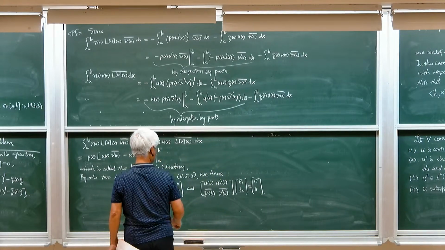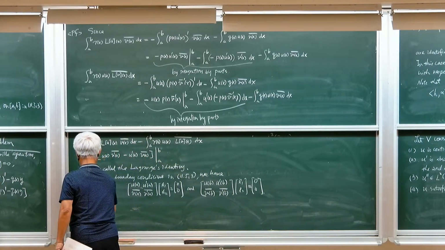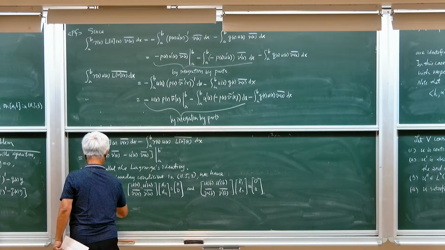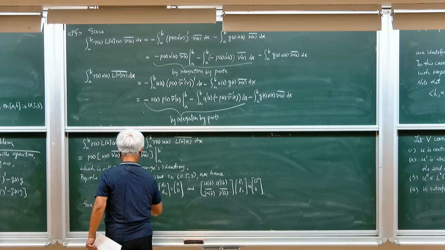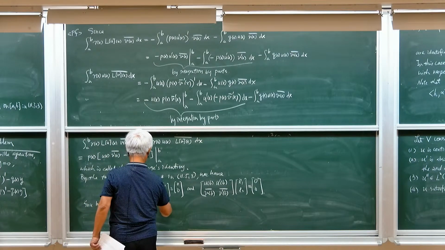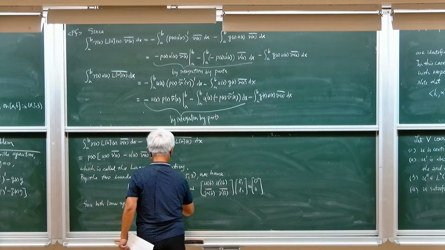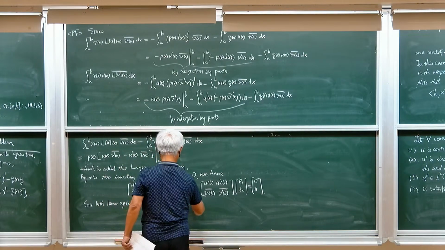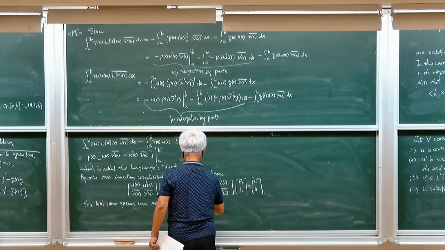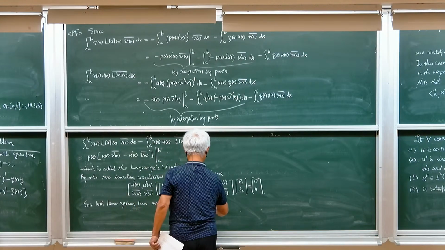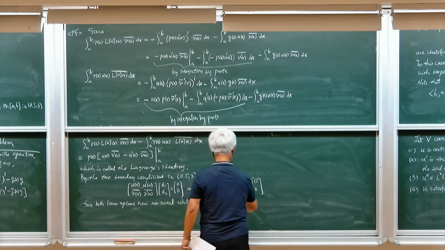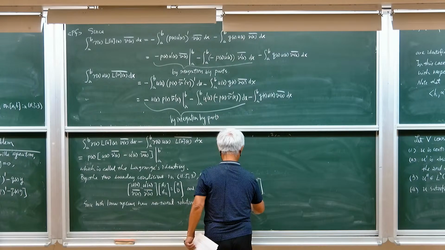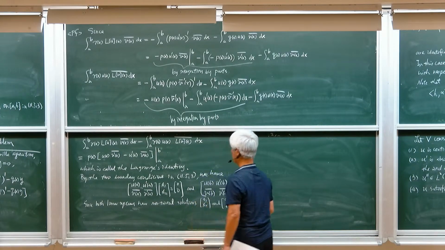So since both linear systems have non-trivial solutions, k1, k2 and l1, l2 respectively. Alright?